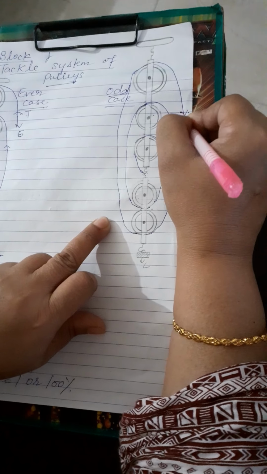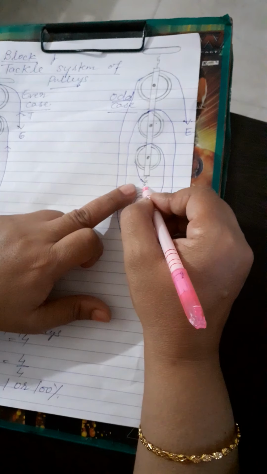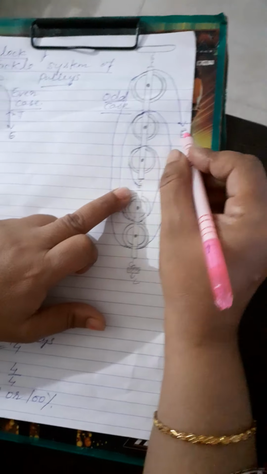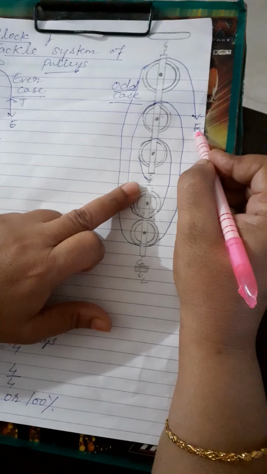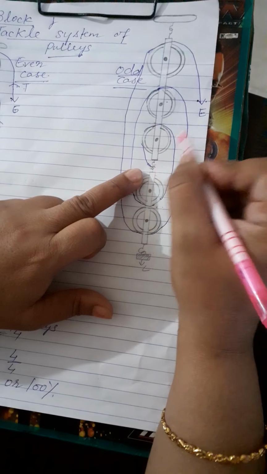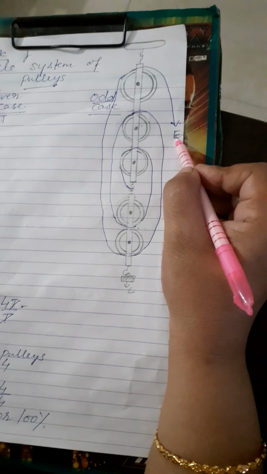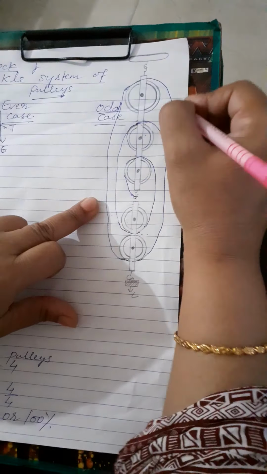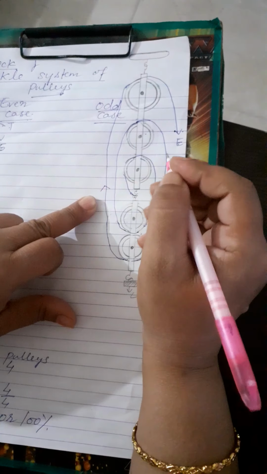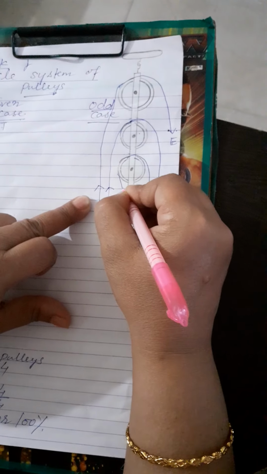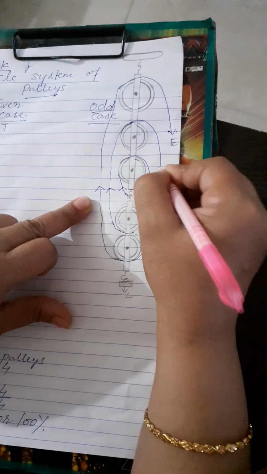Again, this is E. Why did we start from the bottom hook? So that effort may apply in the downward direction. If you start from the upper one, surely effort will come in the upward direction, which is not convenient. So again the same procedure: in all the strands please mark the upward arrows.